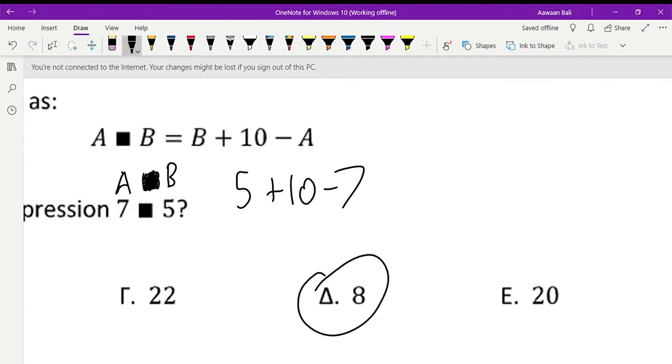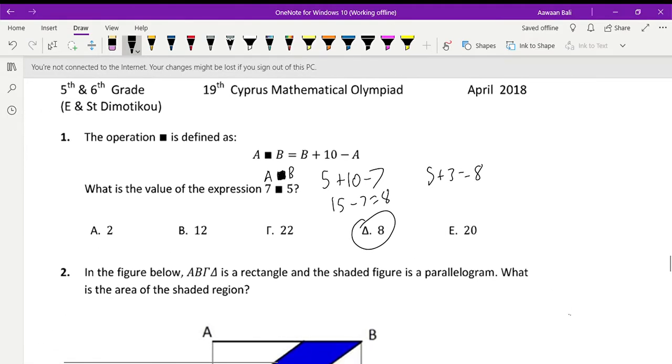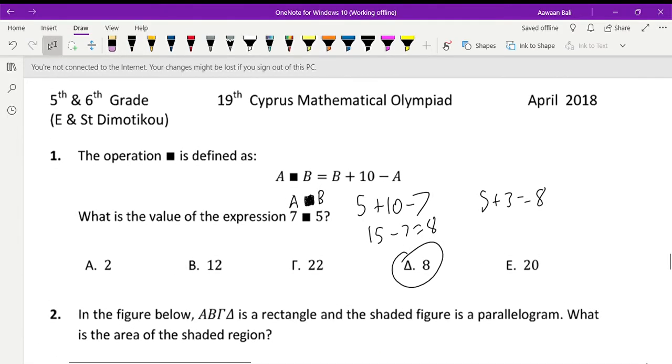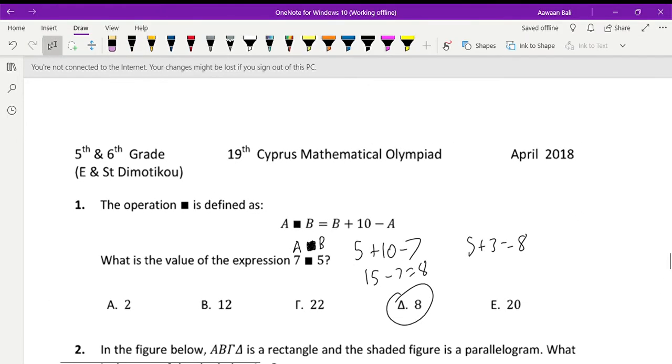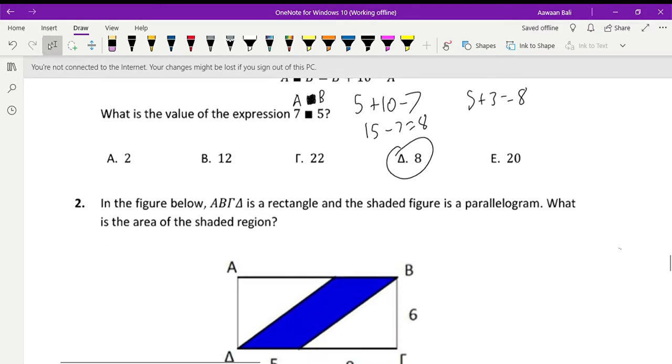So let's just go addition then subtraction first. So 5 plus 10, 15 minus 7, 8. Then if we did subtraction then addition, 5 plus 3, 8. Same thing, right? Therefore the answer is delta, 8. And that's just a simple calculation there.